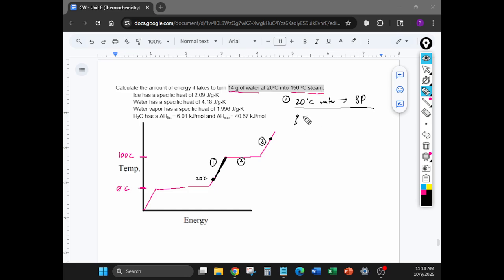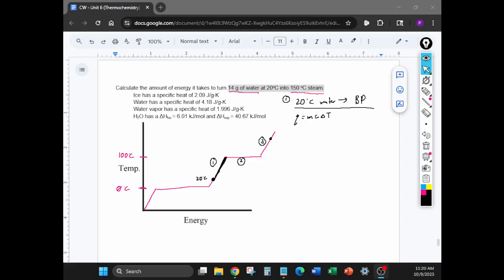And we're going to use Q equals MCΔT. I think you guys should be able to do this. So take about a minute or two, see if you guys can plug in your values and solve for the first step.